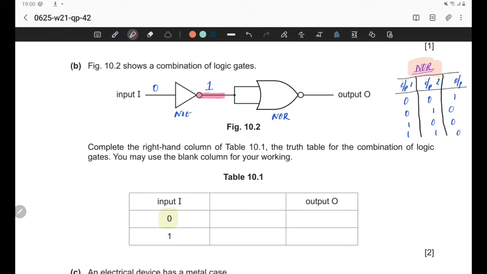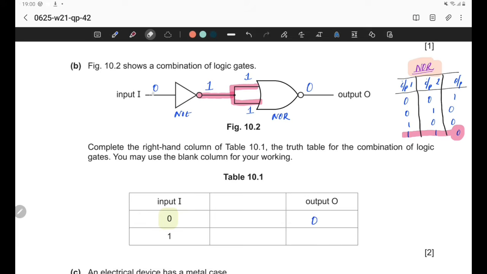And this 1 we are connecting to both inputs of the NOR gate. So at the NOR gate input we have 1 at both sides. For a NOR gate, when both inputs are 1, 1, the output will be 0. So we can write at output, it must be 0.